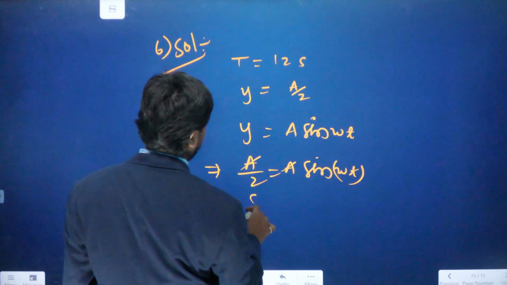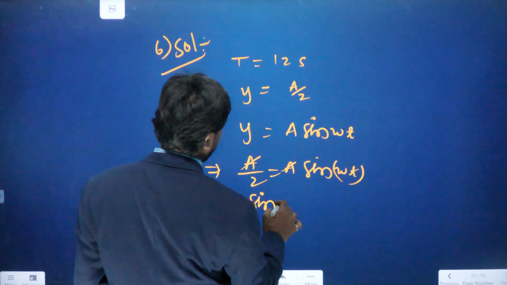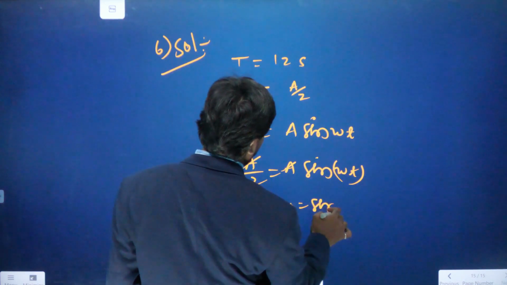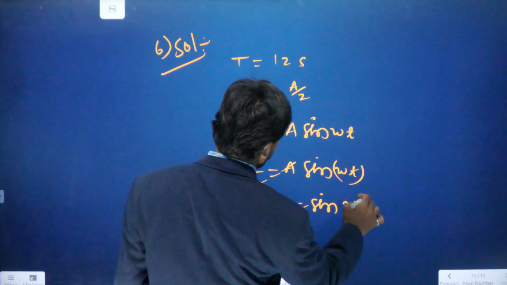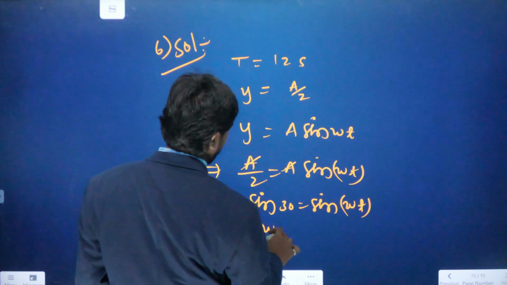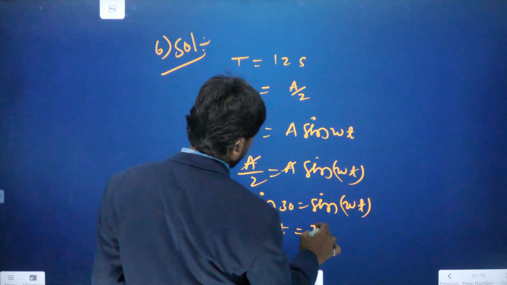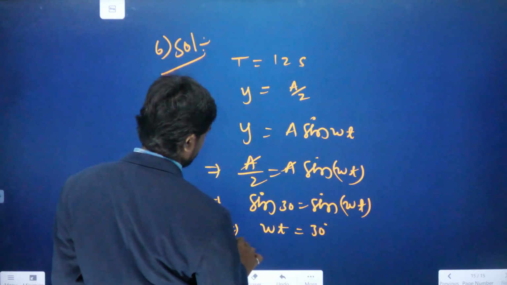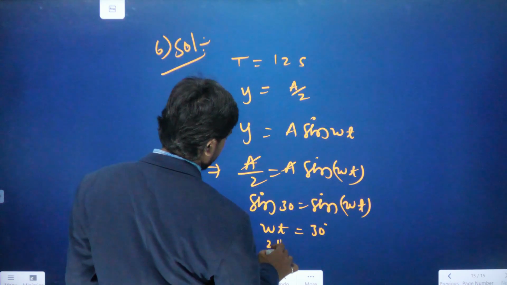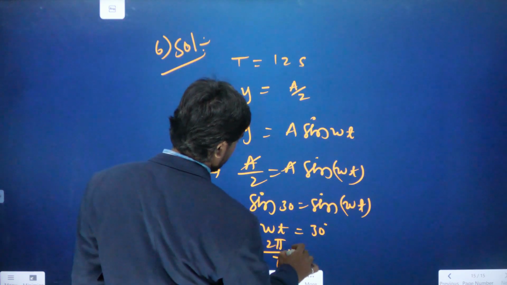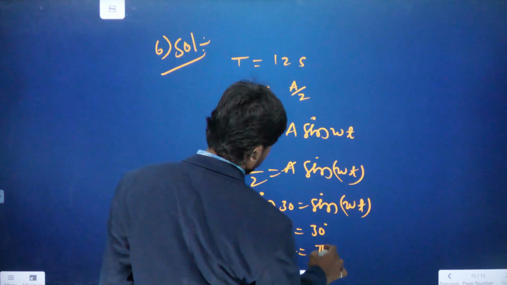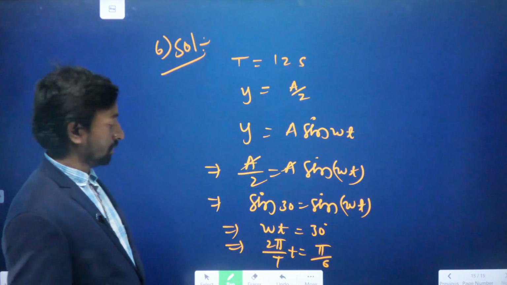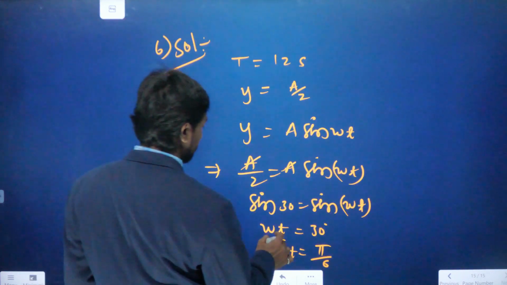From this, 1 by 2 means sin 30, so sin of omega t. So omega t is equal to 30 degrees. In radians, we can write 2 pi by capital T into small t is equal to pi by 6. Then pi and pi will be cancelled.